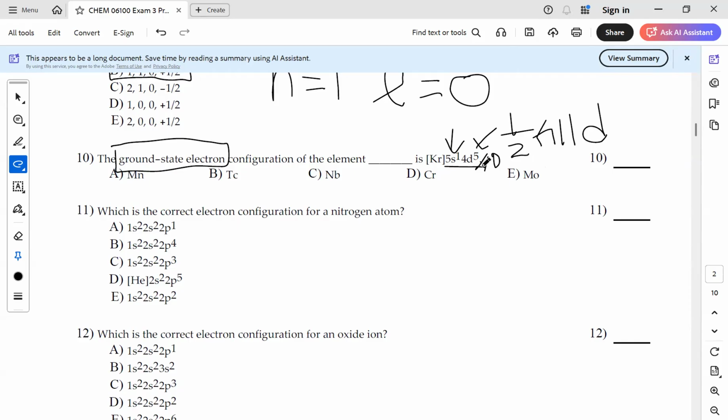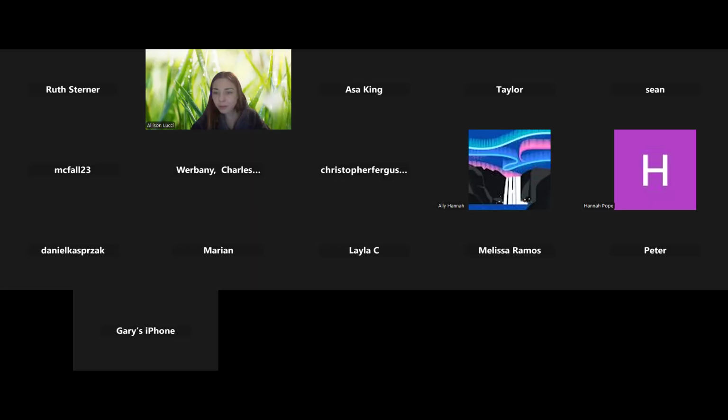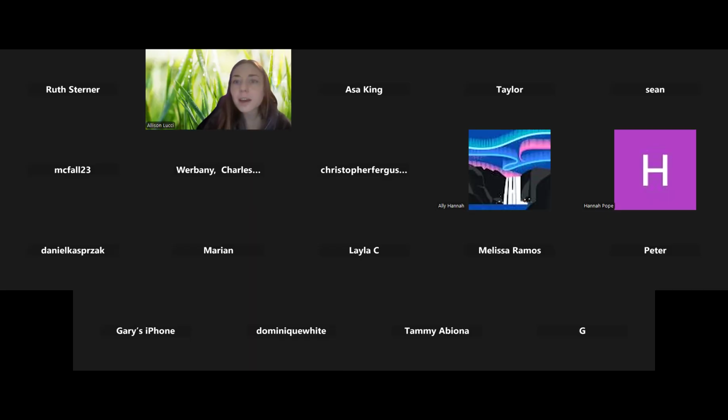6 electrons after krypton. If you don't have a periodic table handy, let's take a quick trip because I do not have mine handy. So we need 6 electrons after krypton, right?